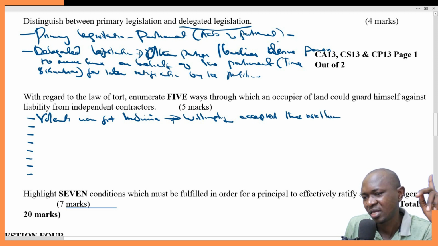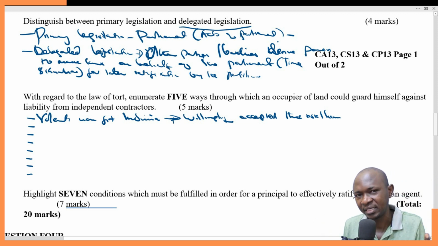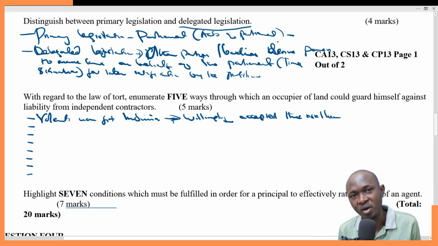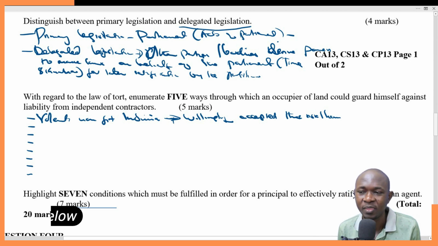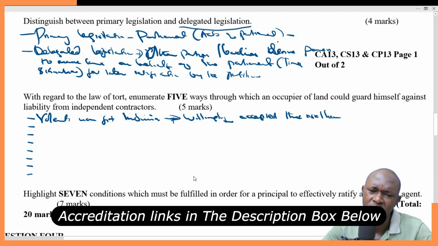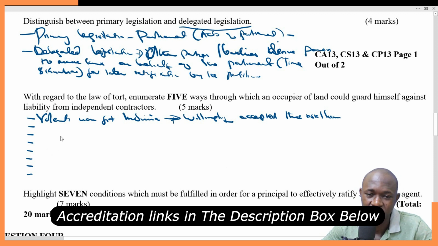So he knew about the risk and harm, and he willingly accepted. He consented to the harm, that in case it happens, I'll be responsible. So in that case, then it means as the occupier of land, there's nothing I can do. He knew about the risk and he consented to the harm. So he willingly accepted the risk. You can argue it that way if that is the position.